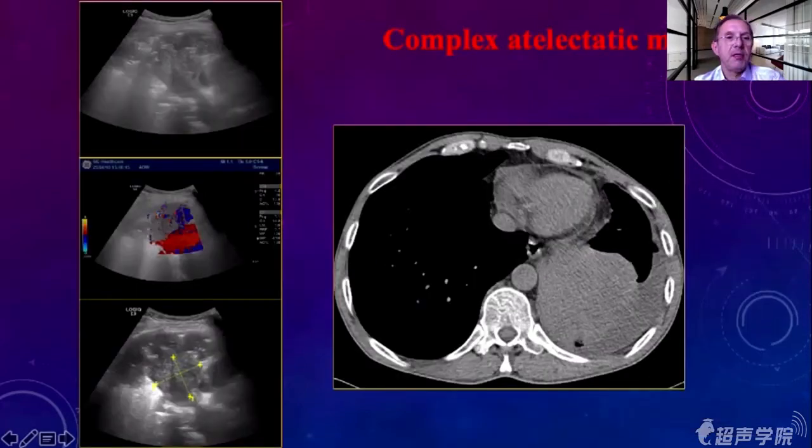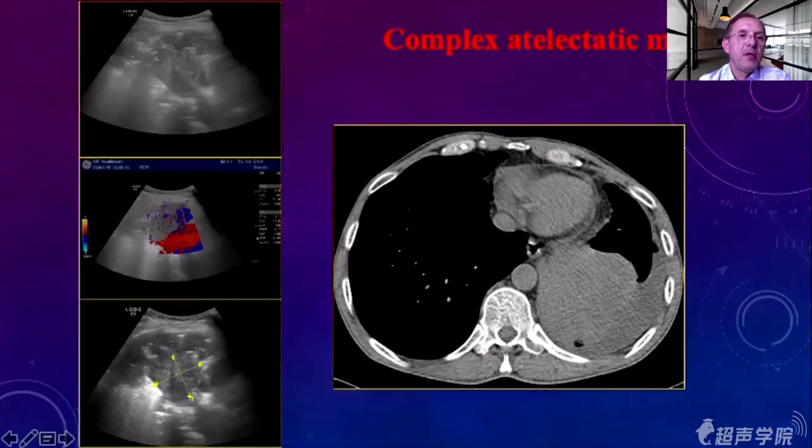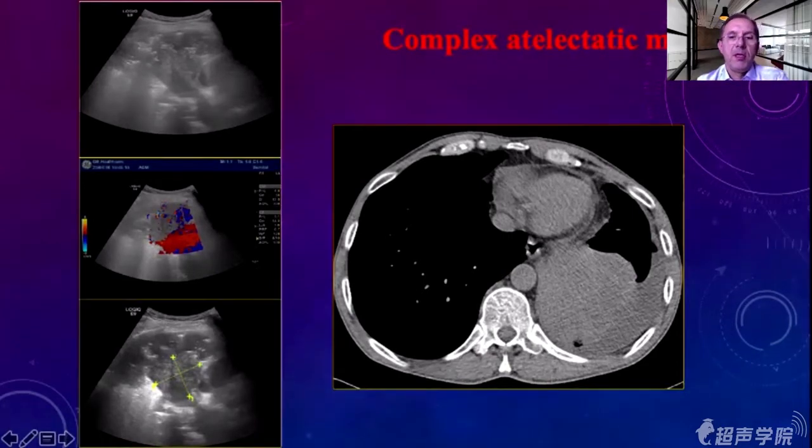Another interesting case of a patient with a large mass in the left lung, and you see here the mass. You may say based on the ultrasound picture that this part is somehow different. It may be a tumor in the central part of the lesion.